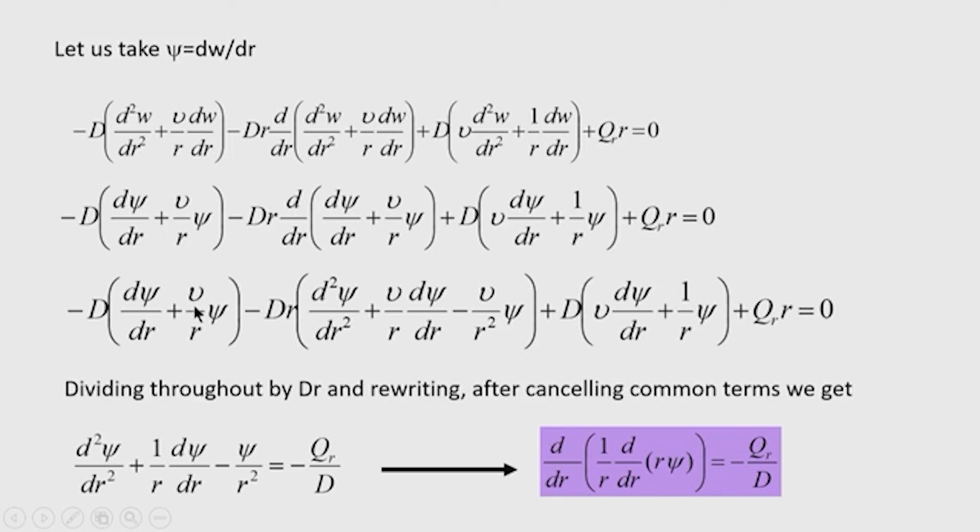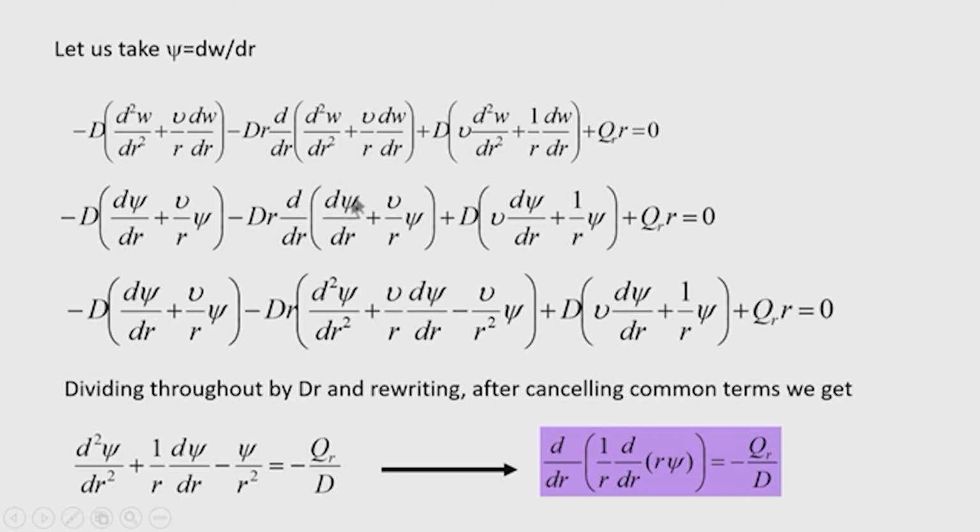So, here what we do actually, we now differentiate this, and after term by term differentiation we get this quantity inside the bracket, because this is a product of two functions, 1 by r and xi, which are both functions of r. So, it is differentiated and we get one more term here.